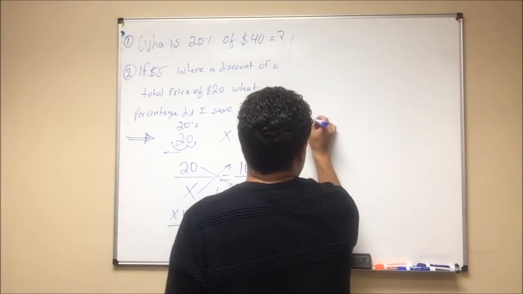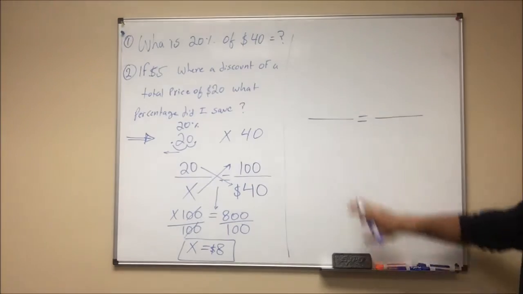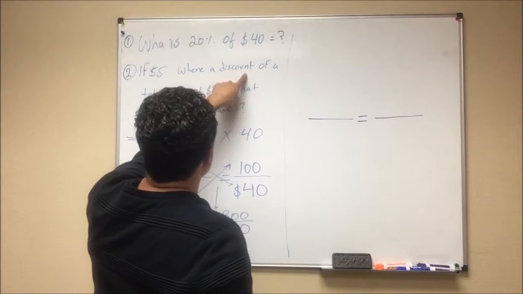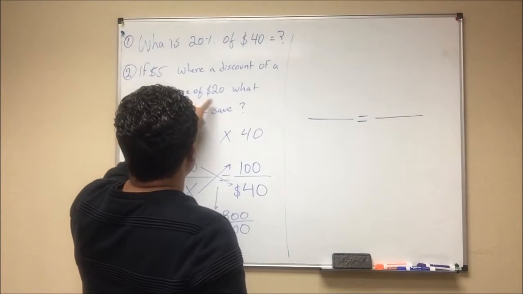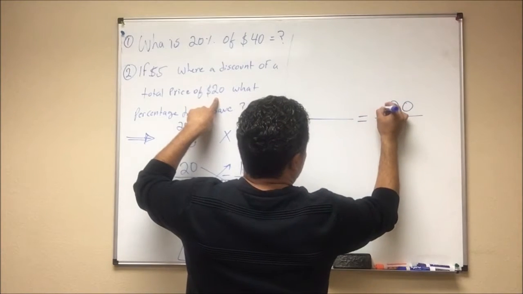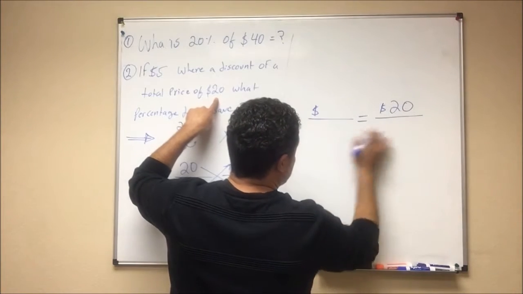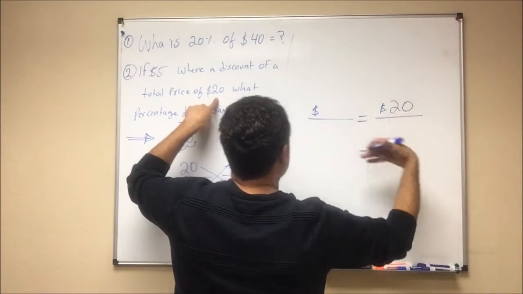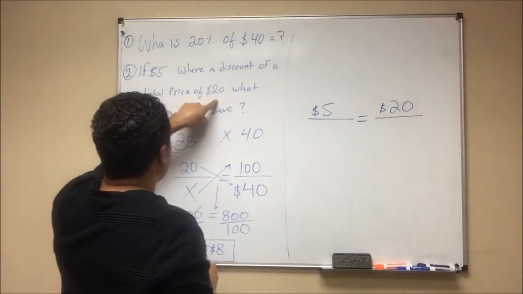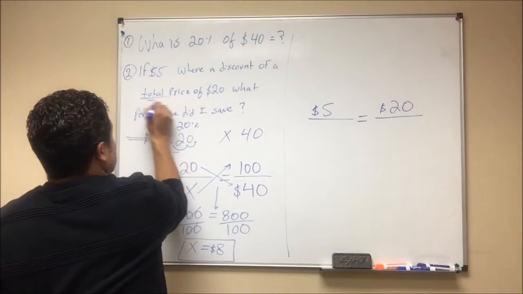And when I use ratios, you always follow the same process. Okay, the first ratio, if $5 were a discount of a total price of 20. So I'm gonna go ahead and put the $20 over here and the $5 here, because remember, dollars go on top, percentages go on the bottom, or vice versa, the other way around. $5 here, and I'm gonna say, well, the total price, total, remember what I said?